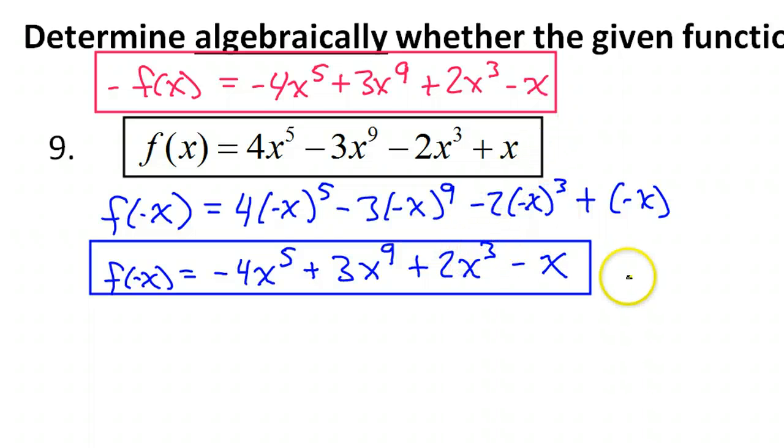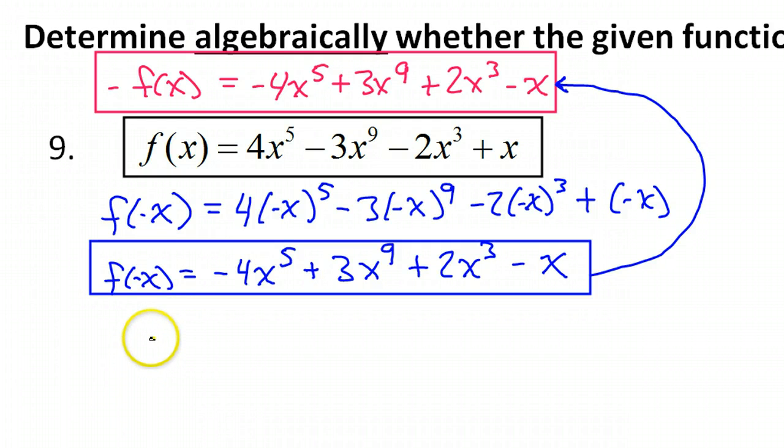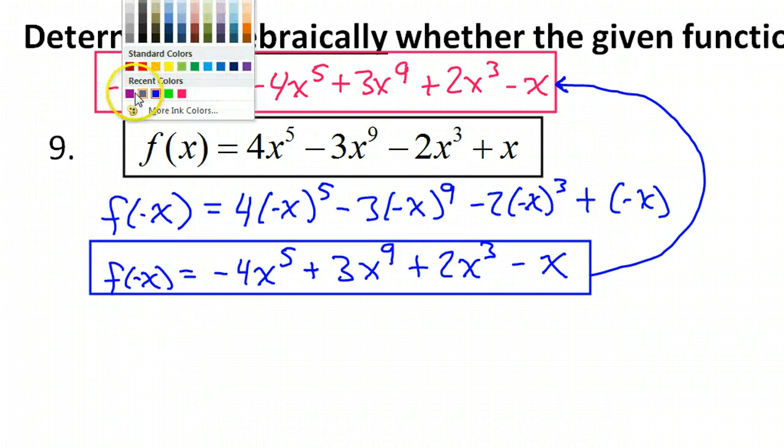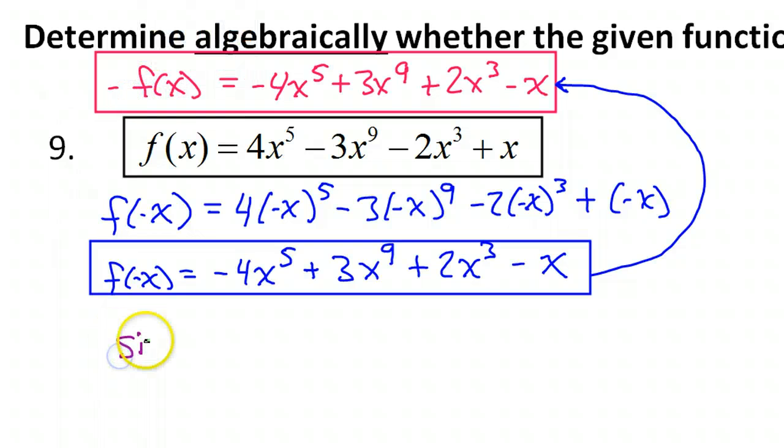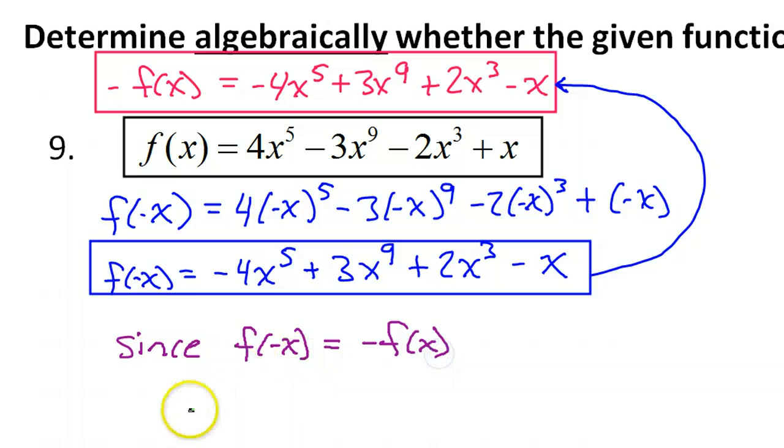Every term is the same. So since f of negative x equals negative f of x, it's odd. And we can just write that down, just what I just said. We can say since f of negative x equals negative f of x, it is odd.